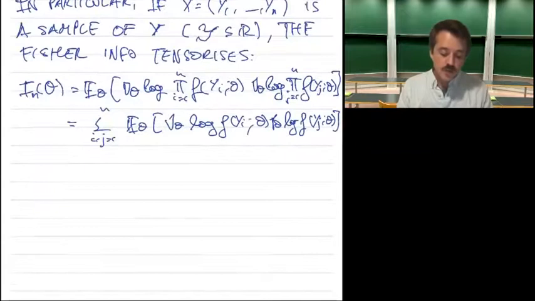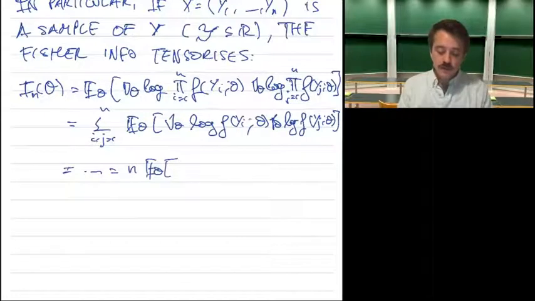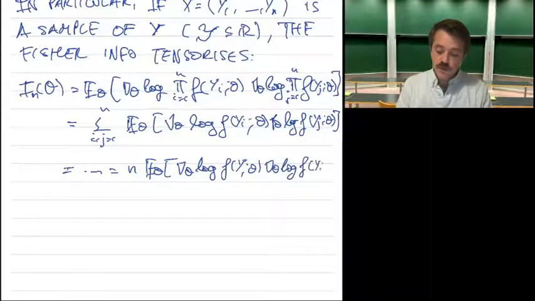So then I will let you just compute this, and you will see that this is simply n times the expectation under theta of the gradient with respect to theta of the log of f of y, only y, no subscript, times the same quantity, just transposed.